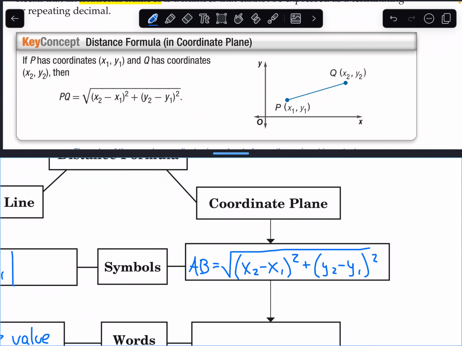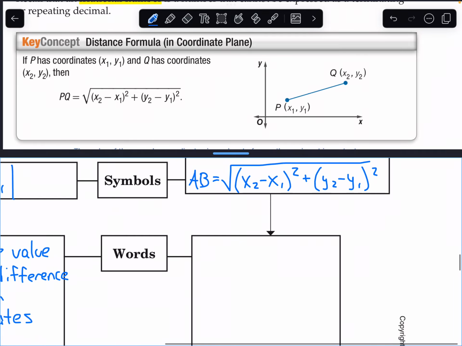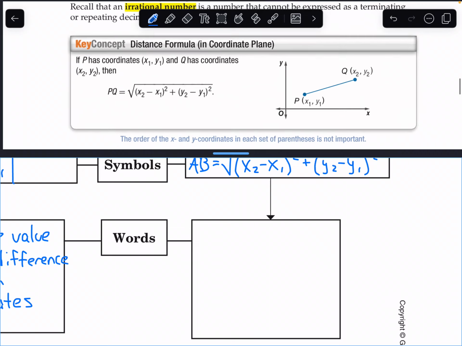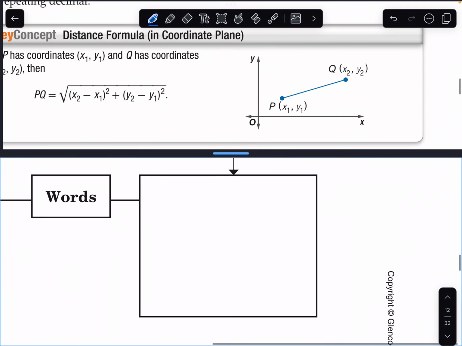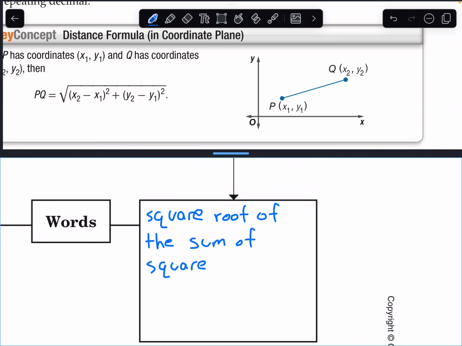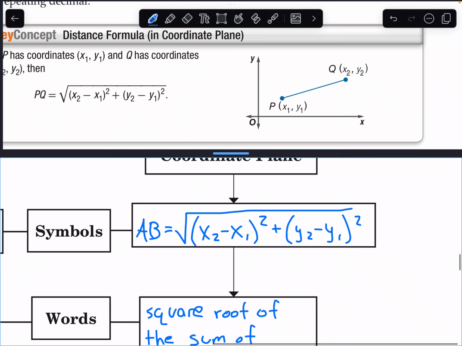In words, this one's going to be a little trickier since they are not provided. So I know it's the square root of the sum of squares.